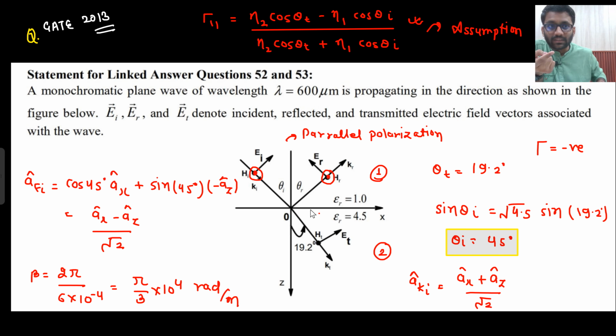But in this case, this diagram is not shown as per the derivation. As per the derivation, AHI should be equal to minus AHR. So that's why we need to take the opposite thing. That means if gamma is becoming negative, the direction shown is correct, and if gamma is becoming positive, the direction shown is incorrect and we need to take the opposite direction. Is that clicking to you or not? Okay, it should click, right?